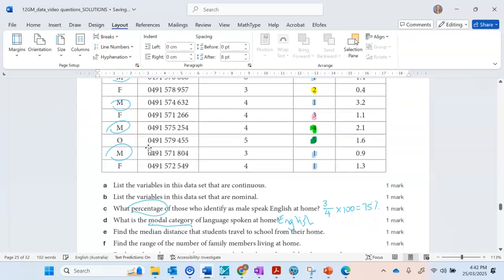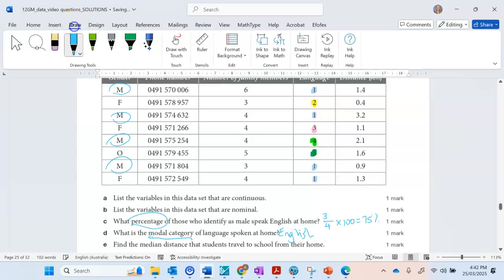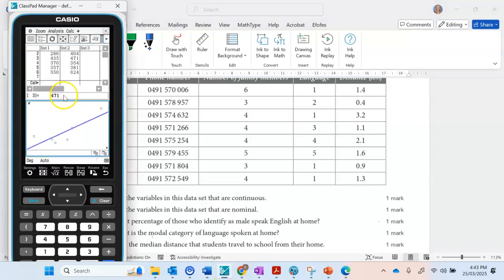Find the median distance that the students travel to from their home. So because it's not in order, I would do that on the calculator. So let's go through how to do that on the calculator. Sorry, I probably shouldn't have got rid of the answer. Hopefully you've already written it down. All right, so just clearing what I had in before. So we go to clear.